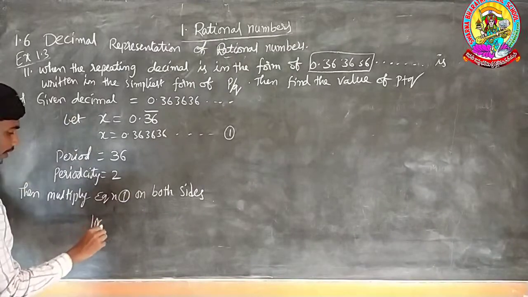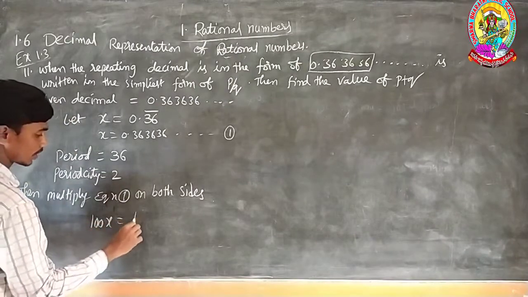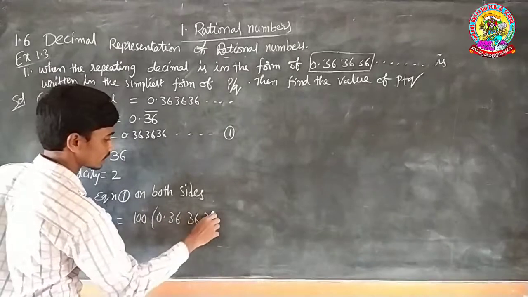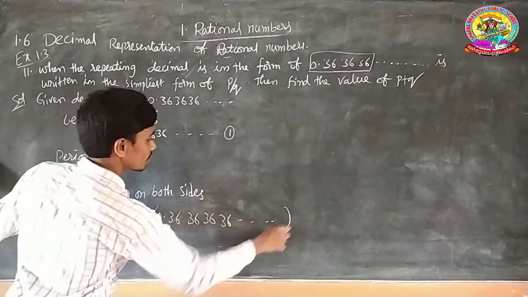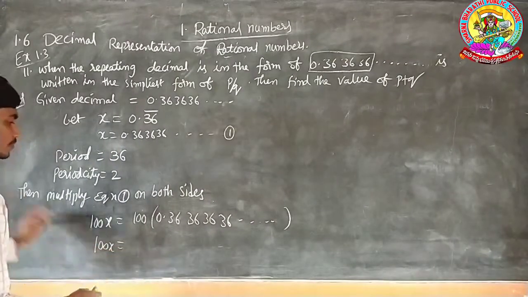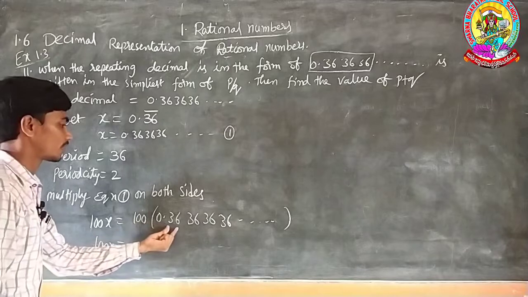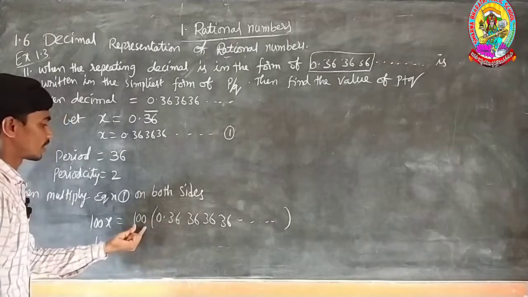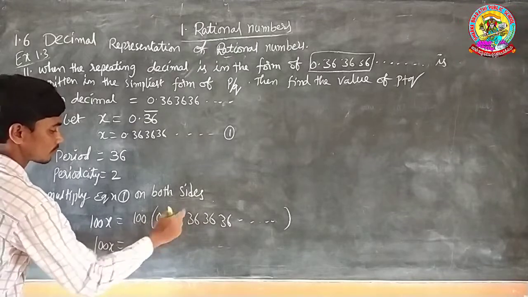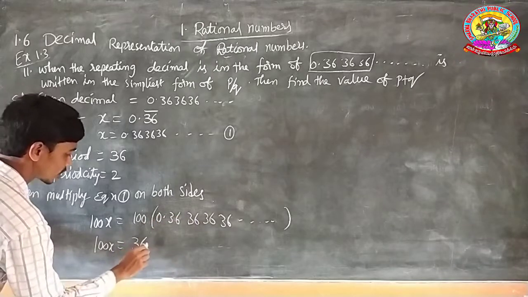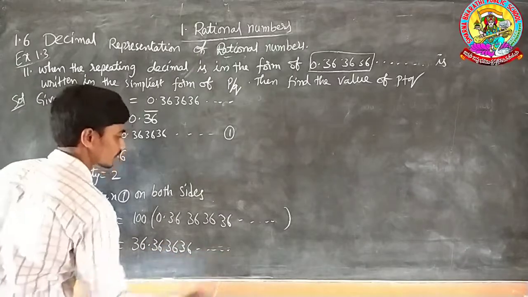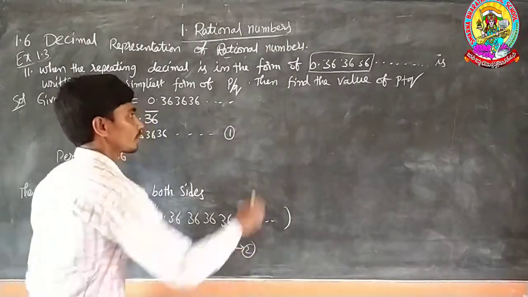So 100x is equal to 100 into 0.36363636 and so on. Whenever you multiply a decimal number by 100, the decimal point shifts 2 decimal places. So 100x is equal to 36.363636 and so on. This is equation 2.